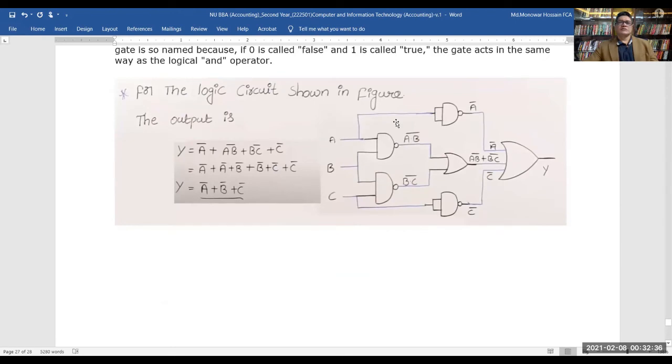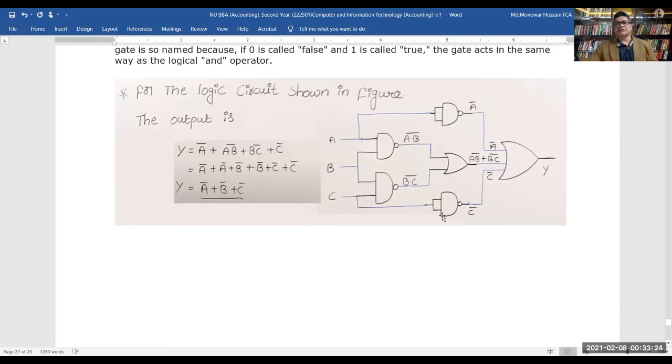Look here. In this picture we are finding the output of the logic circuit shown in the figure. A, B, C. In this first gate, A comes with B, that is AB whole bar. Here, in this gate, BC whole bar. And in the next gate, this A comes here, that means A bar.